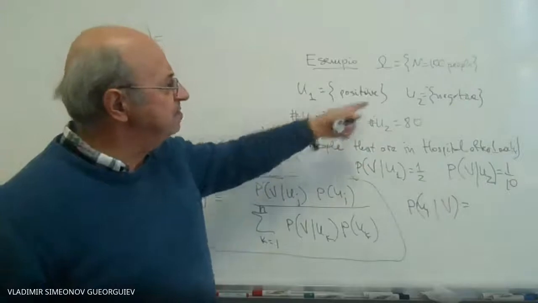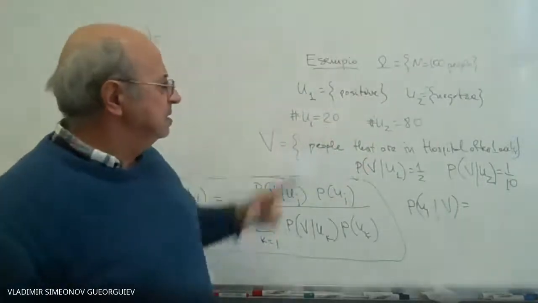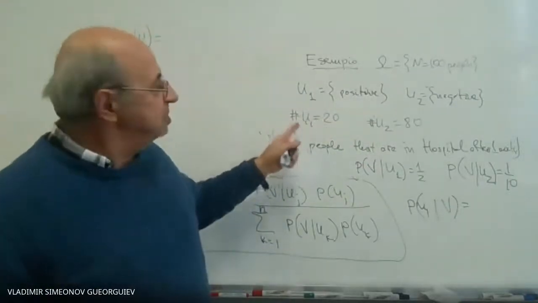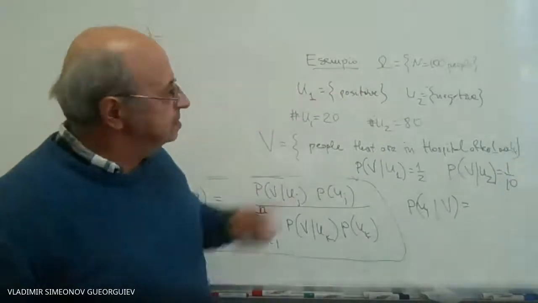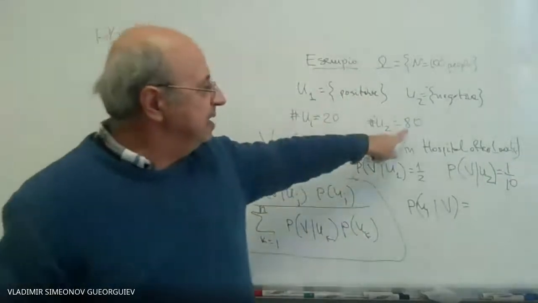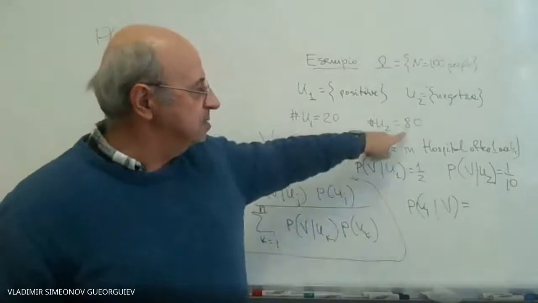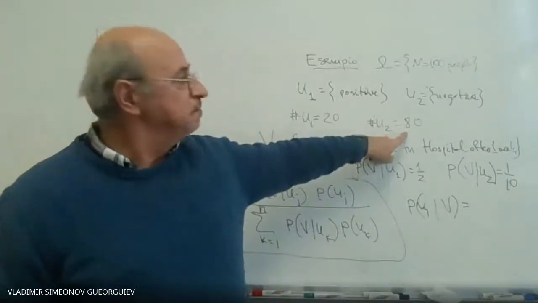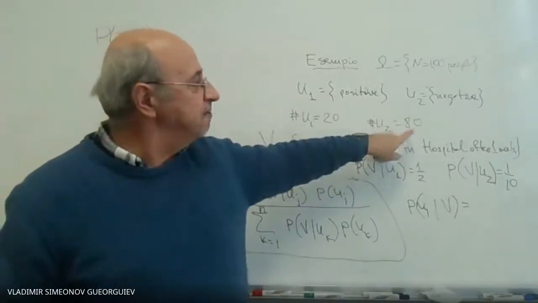This is 20 divided by the whole number. The probability that a guy is positive is 20 divided by 100, is 1/5. And the probability of U2, that a person is negative, is 4/5.